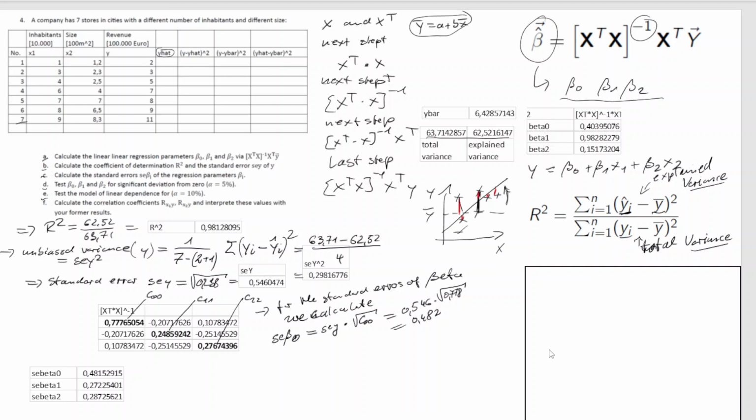Sorry. But we need now our t-values and we need our f-value, and the t-value, this is t beta, is just beta over the standard error of beta.